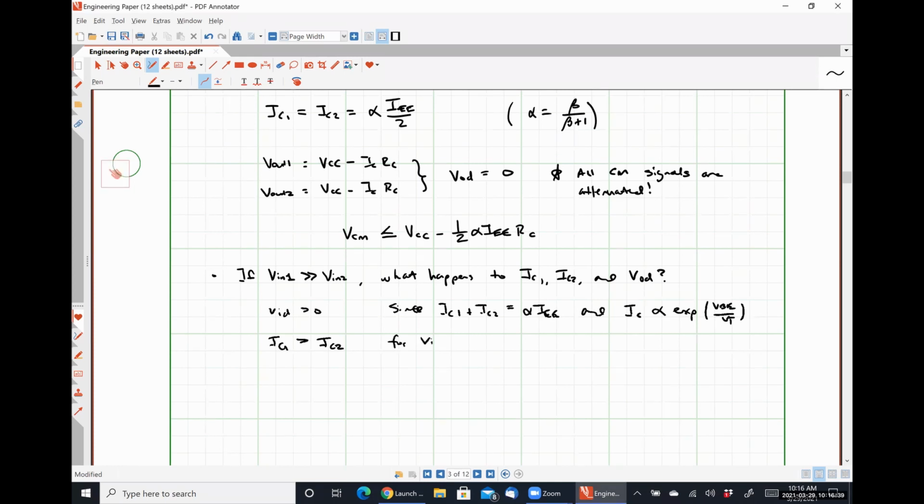For VID greater than 0, we should see that Vout is going to approach negative alpha RC IEE.